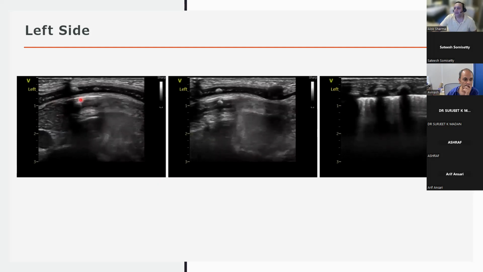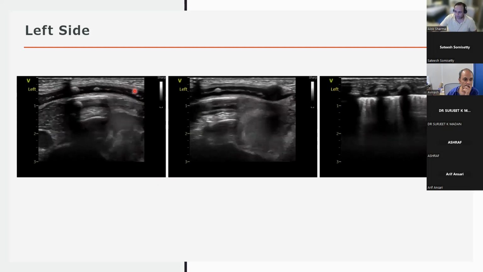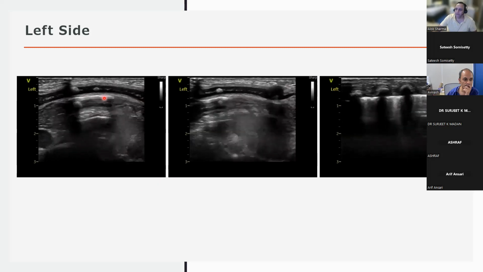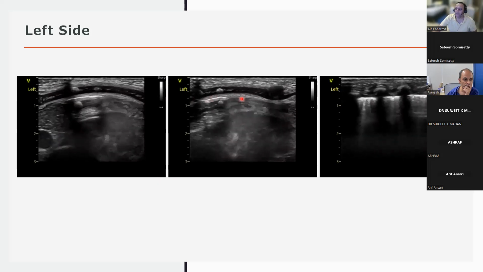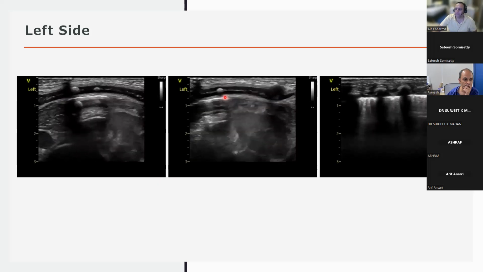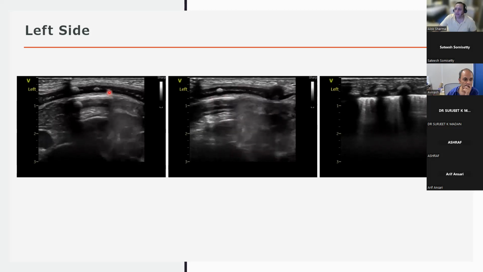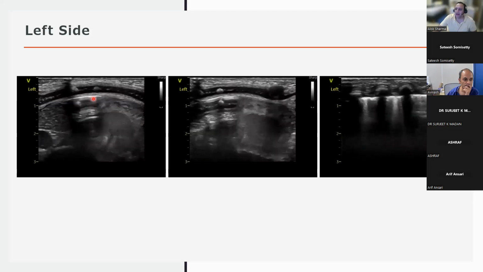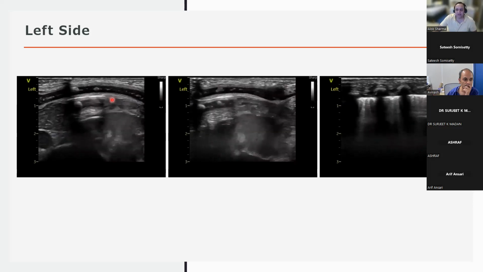And obviously there is discontinuous pleural line. I can see sliding there. And I could see A line. Very good. So L1, L2, as you move down, I think what you're seeing is lung pulse there, as opposed to sliding.